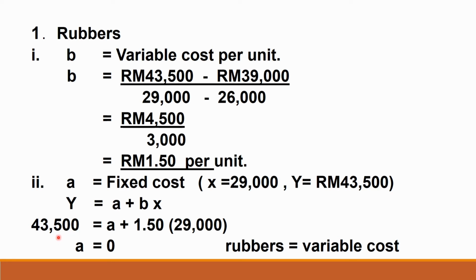So Y equals 43,500 equals A plus B. You get the answer 1.50 and substitute X 29,000 and then you get A equals 0. So rubbers are classified as variable cost because it just has variable cost per unit but fixed cost is 0.